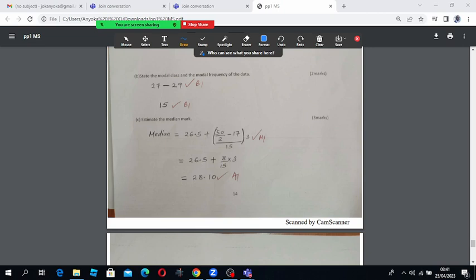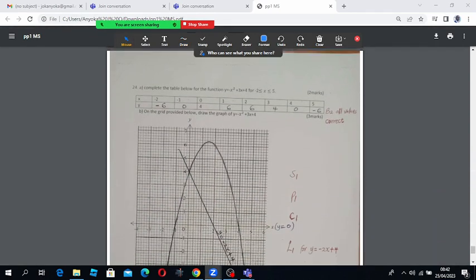So tomorrow, make sure that you bring it on board so that we take a photo, you send it to me, then we will start with that one tomorrow before we do section 1 of paper 2. All right, but at least you have seen statistics how it is.